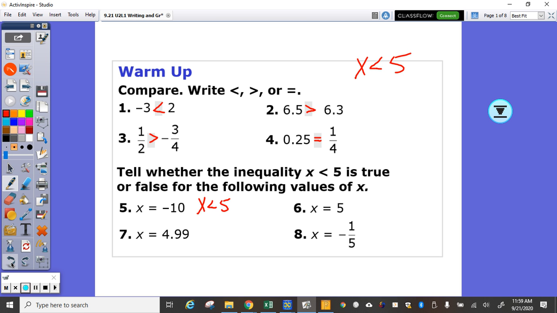There's a confident answer. This is a letter distraction test. Are there any values of x that are less than 5 that equal 4.999? Yeah. Alright, and this one right here, true or false?